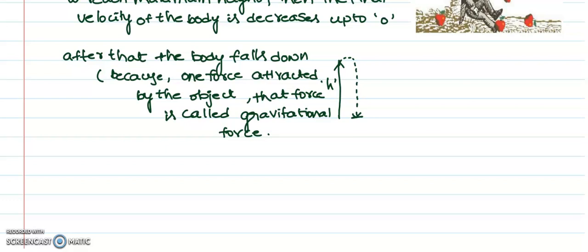If any body is thrown vertically up to reach the maximum height, then the final velocity of the body decreases up to zero. After that, the body falls down because of the force attracted by the object, and that force is called gravitational force.